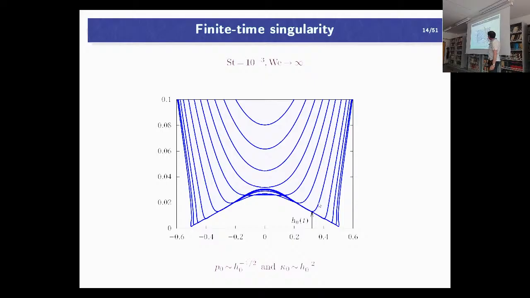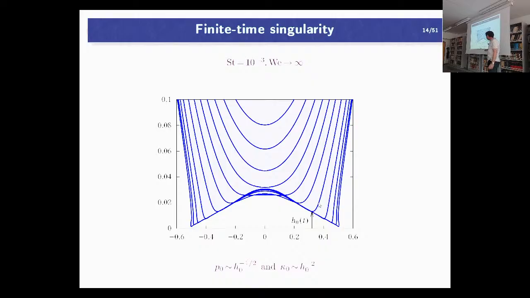I took an infinite Weber number, so surface tension is neglected, and a small Stokes number. If you follow the minimum of film thickness, it's going to touch the solid surface on a circle. So it's not going to touch on a surface because it's impossible, but on a circle, on a point here. I will show the curves just afterwards.